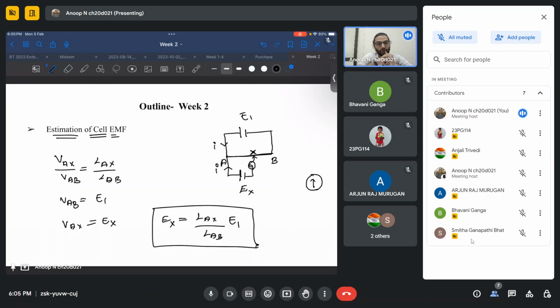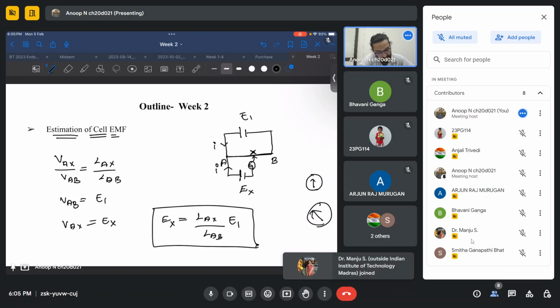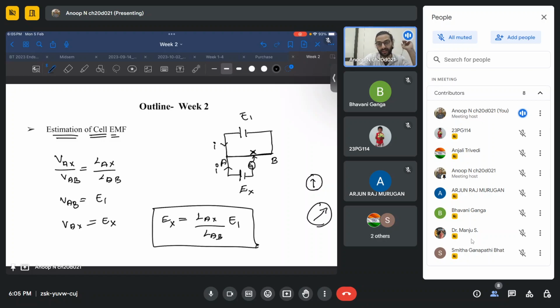Using a jockey, we move slowly. Initially the galvanometer deflects in one direction, then once we cross the optimum point, that is the 0 point, it goes in the opposite direction. So we find the length at which it shows zero. Then using that, we calculate the voltage of the unknown cell. This we have seen in the plus two classes.